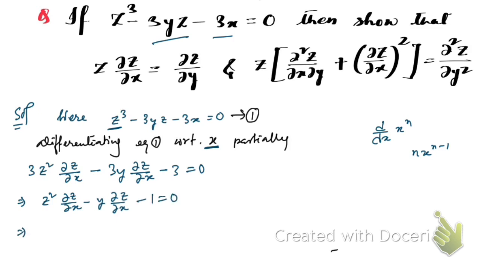Now let us take del z by del x common, so z square minus y into del z by del x, and minus 1 becomes plus 1 on the other side. So from here we have got del z by del x is equal to 1 by z square minus y.